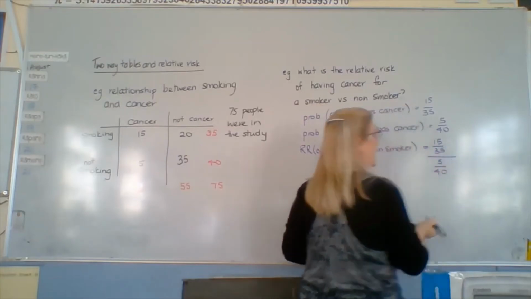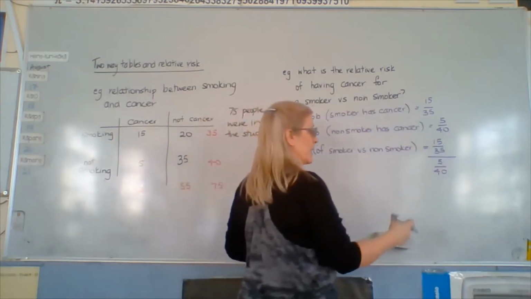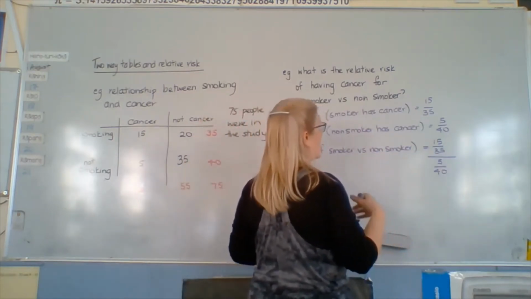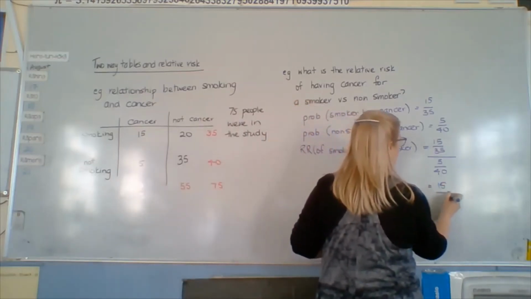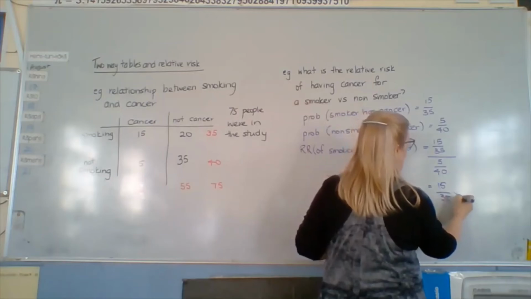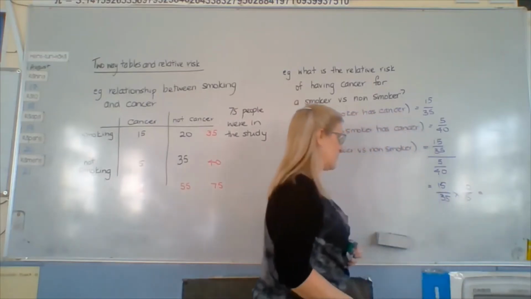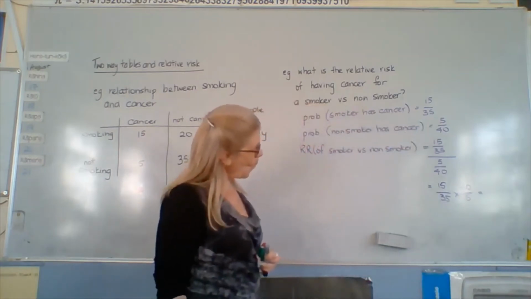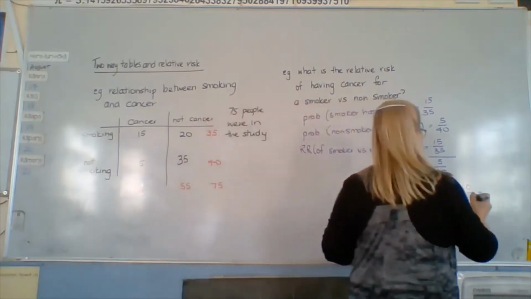So knowing our good fraction work, when we're dividing a fraction, we times by the reciprocal. So it's 15 over 35 times 40 over 5, which is 24 over 7.